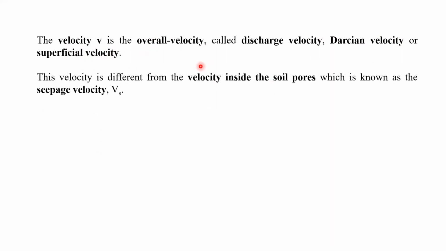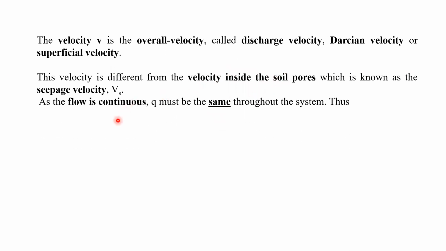Suppose you want to know the velocity of water flowing through the voids only. That velocity we consider as the seepage velocity, that means the velocity through the voids only. So how can we correlate the seepage velocity with the discharge velocity or the overall velocity? Here it is written that as the flow is continuous, Q must be the same throughout the system.